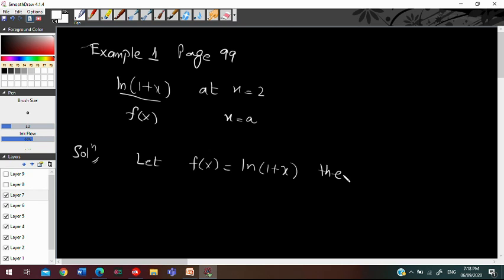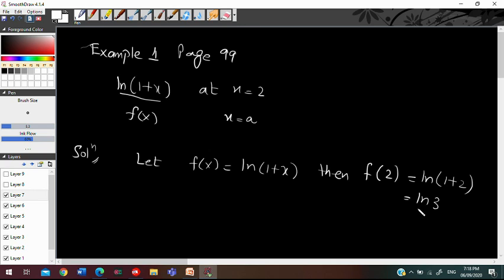In Taylor's expansion, the first thing which we have discussed is that the function must be defined at the given point. So here the point is 2. First we check whether our function is defined or not. So log of 1 plus 2, that is log of 3.